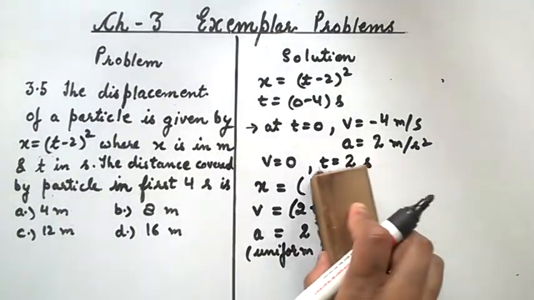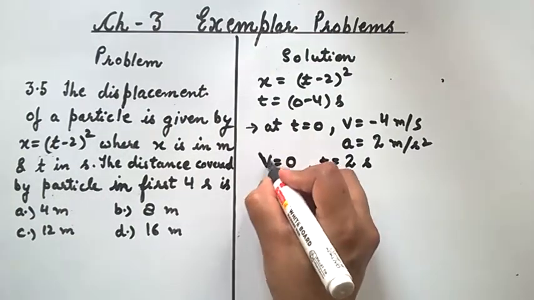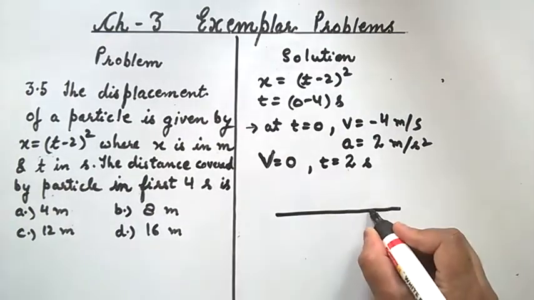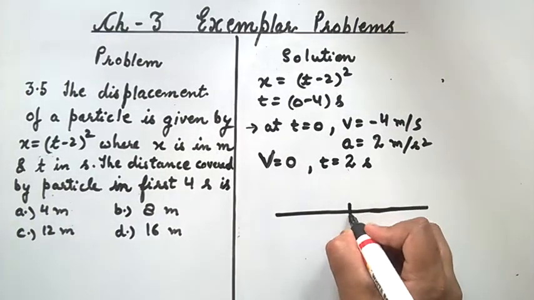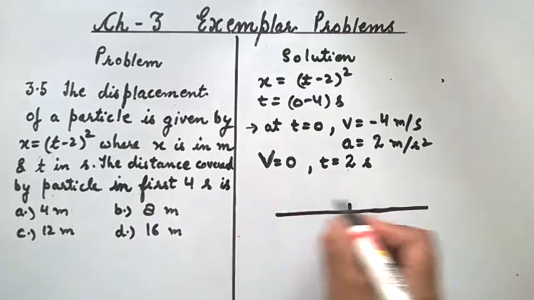It shows that when we draw the motion axis of the particle, this is the positive axis and this is the negative axis.